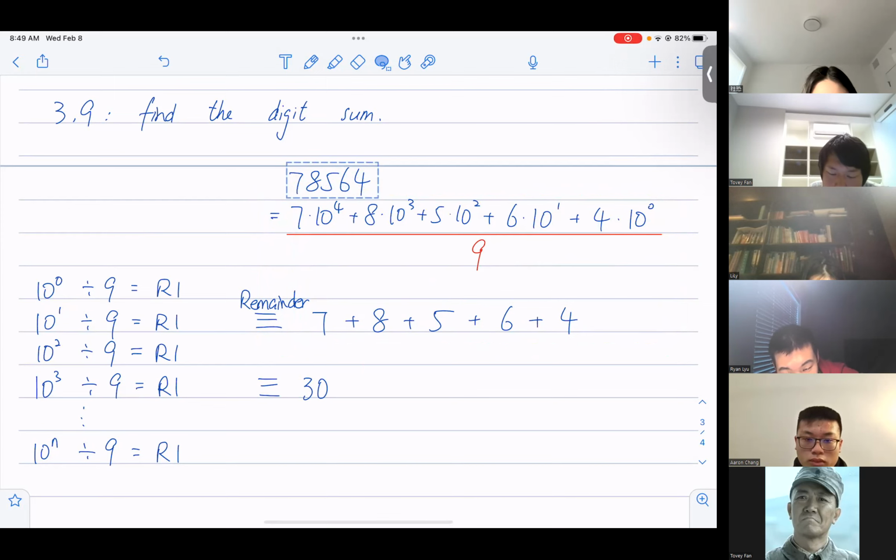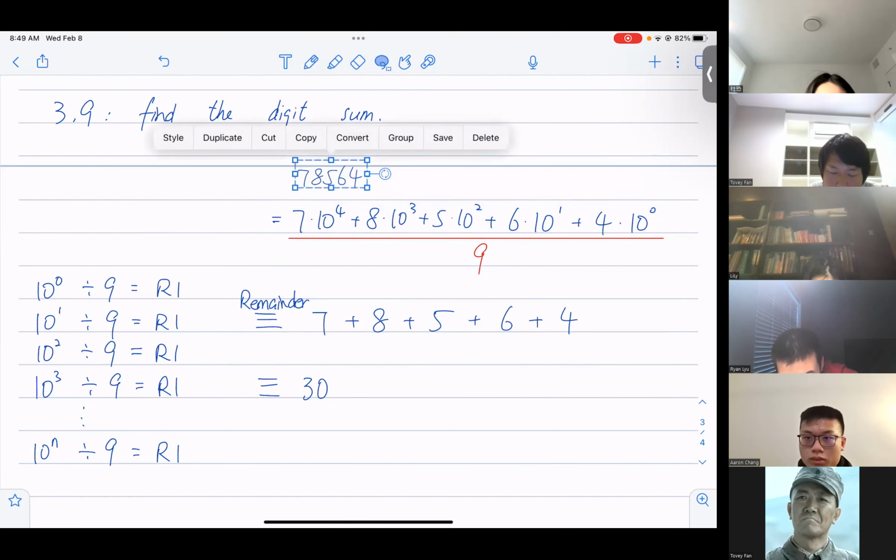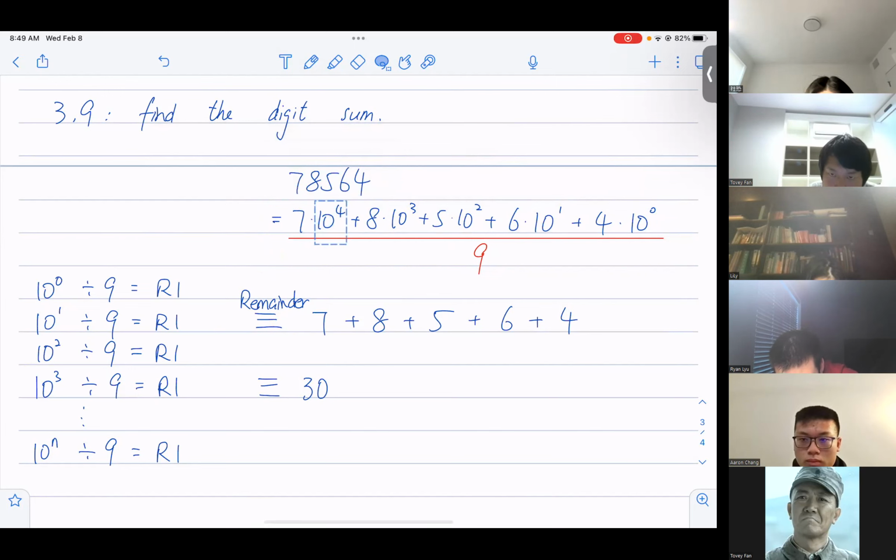Now you have 78,564 candies. When you divide it by 9, I'm dividing this many candies among 9 people, correct? Now, how do I divide it? I can first divide the candies into some piles. I can divide them into piles of 10 to the 4th, which is 10,000 candies a pile, and 7 piles, right?